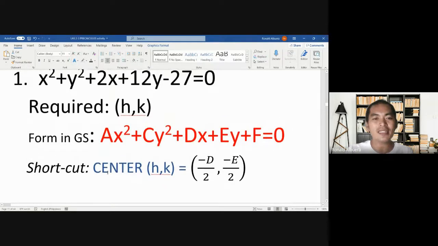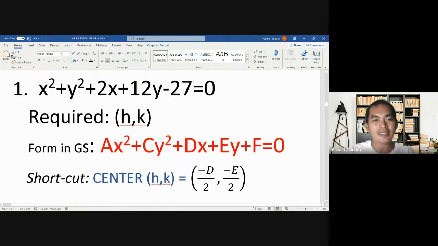So what is the shortcut in getting the center of the equation of the circle? We have the coordinate (negative D over 2, negative E over 2). Take note that this formula is only applicable when the coefficient of x squared and y squared is 1.